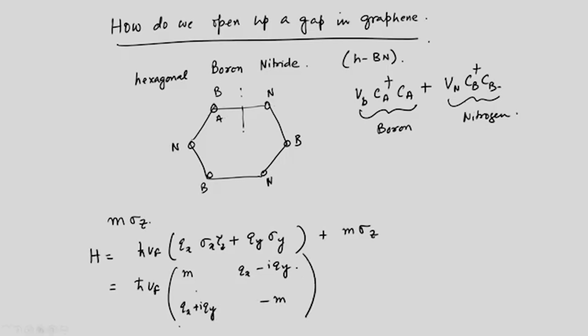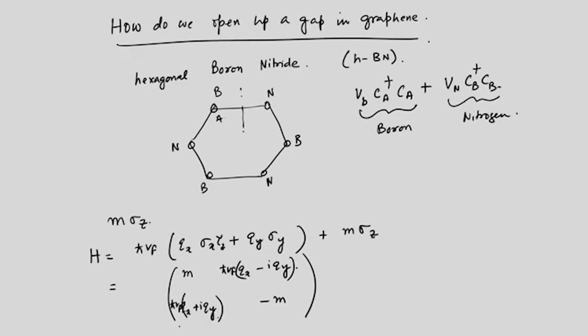Of course, let us put h cross Vf equal to 1 at this moment, because otherwise you will have to write h cross Vf here, which is also okay. So, let us write that h cross Vf, and then there are m and minus m.